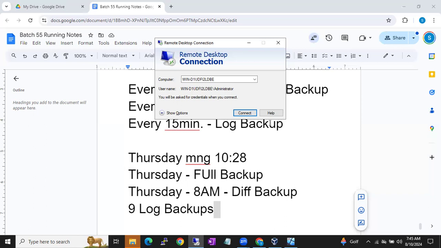What does state mean? State means by 10:15, what is your database state, the healthy database state. That is called the state of the database.